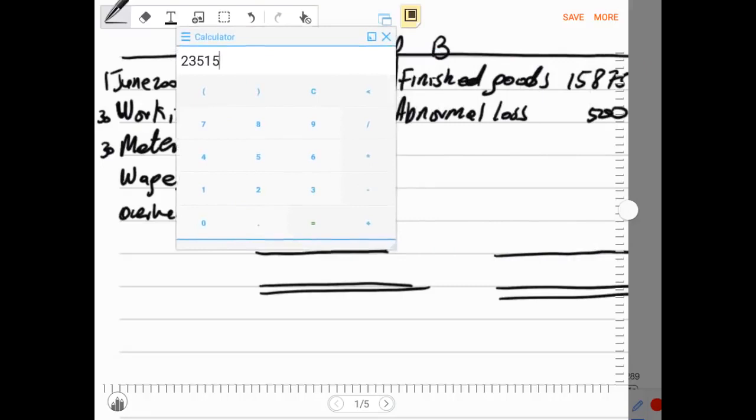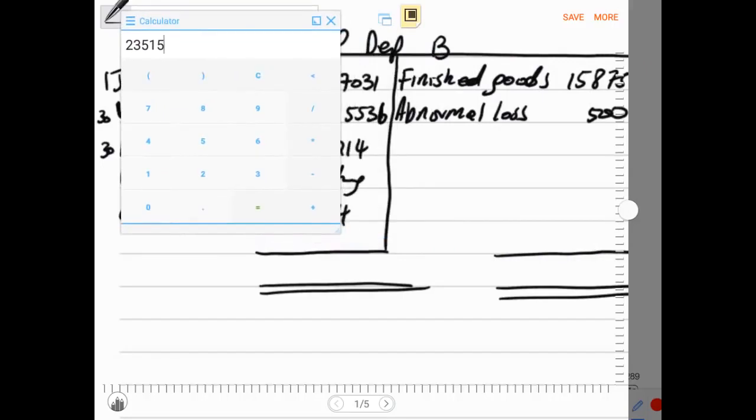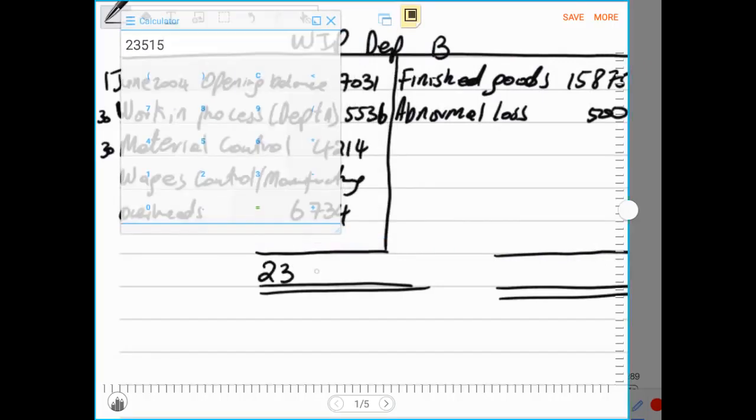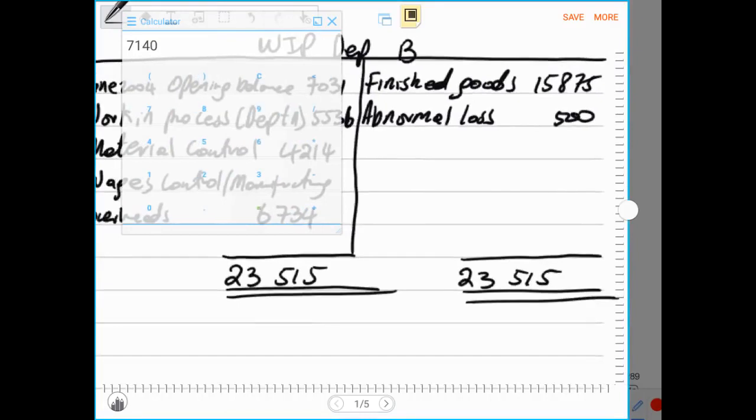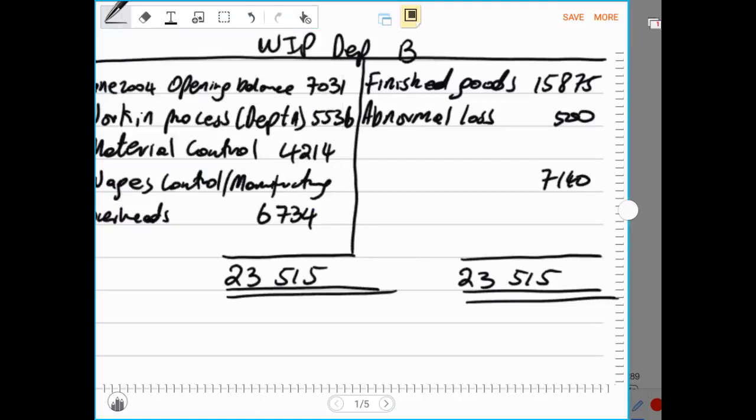That gives us 23,515. That is correct. That is exactly the cost. Then we subtract the finished goods, 15,875, less the abnormal loss. This will give us 7,140.